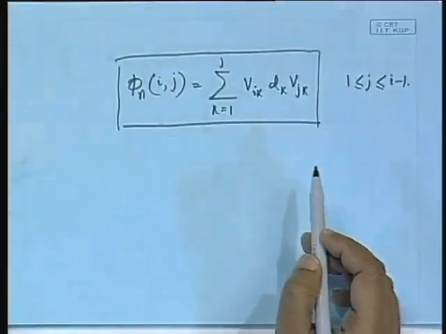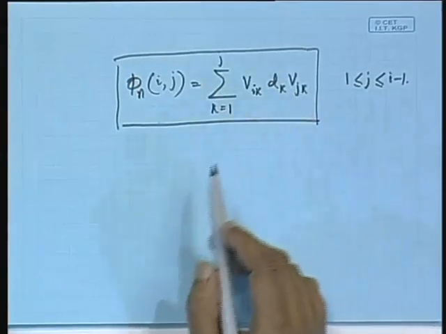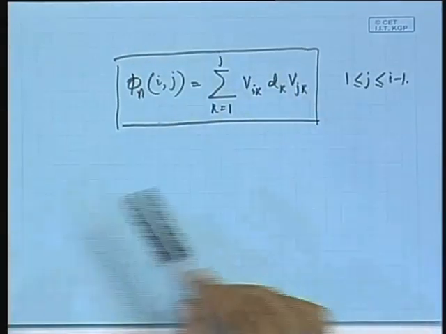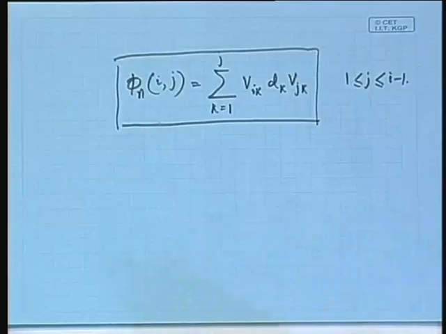Its equivalent ijth element is written here, and that will give us a starting point to solve for the elements of this V matrix and the elements of the D matrix. Once we solve for the elements of the V matrix and the D matrix, the rest of the solution for alpha would become pretty straightforward.